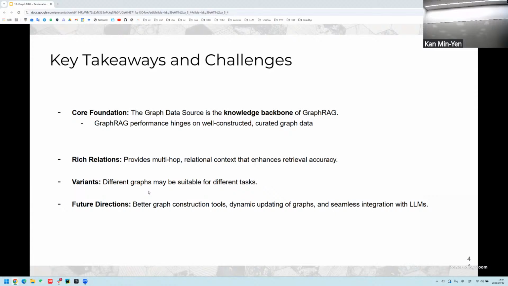Therefore, it may not be a very good type of edge to add into the graph unless you clearly define what "related to" means, or you have some subtypes of that, right? That can happen in many different types of systems. The relationships, the density of the edges, the coverage of the nodes, they make or break our GraphRAG.